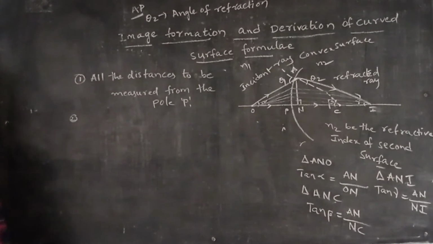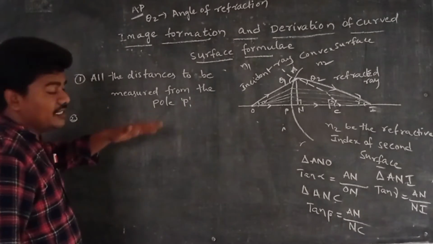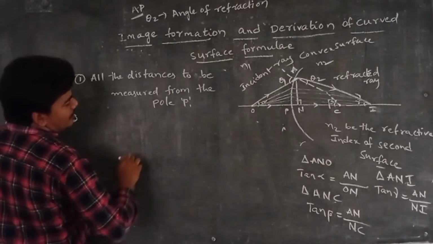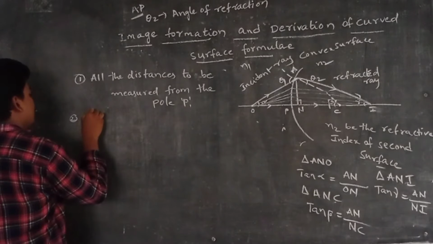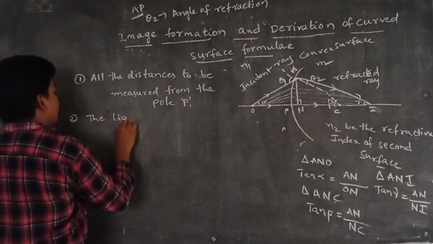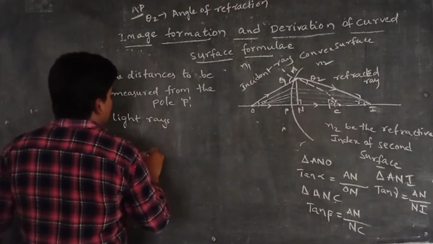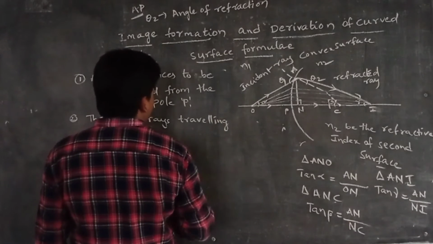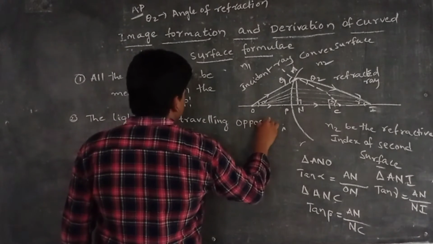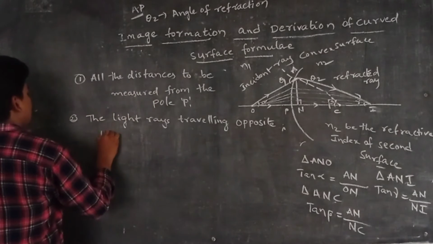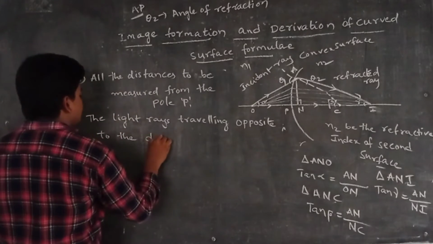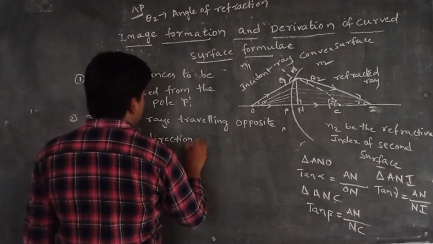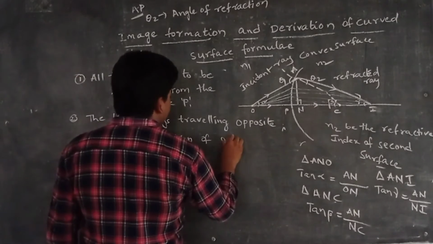And the second point: the light rays are traveling opposite to the direction of an object distance.